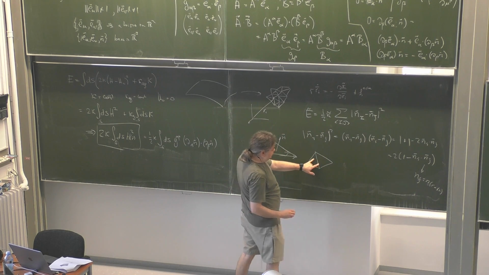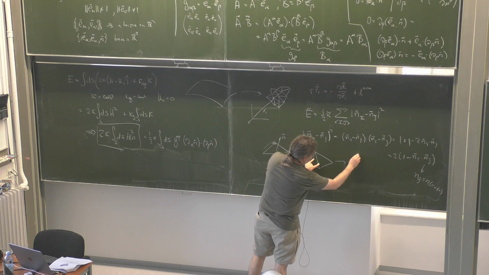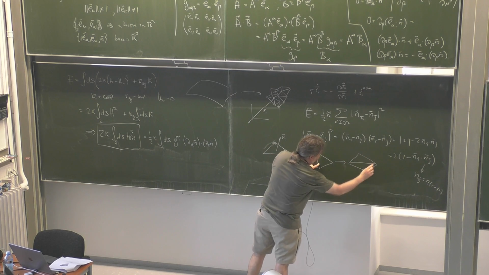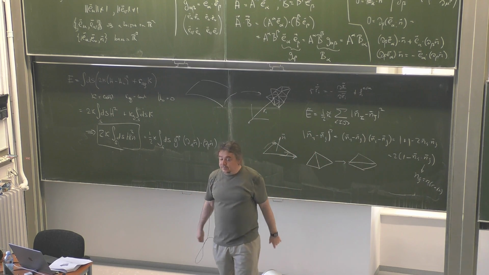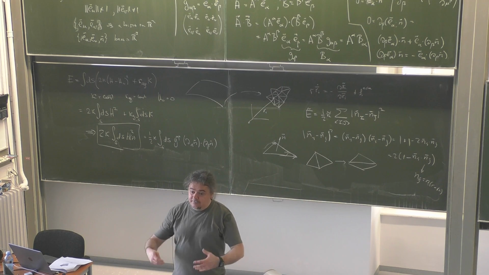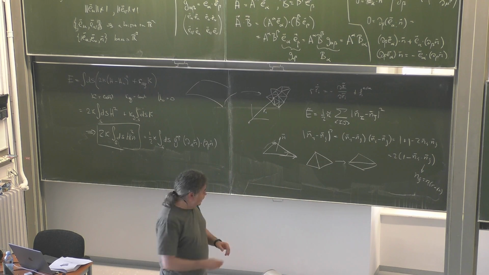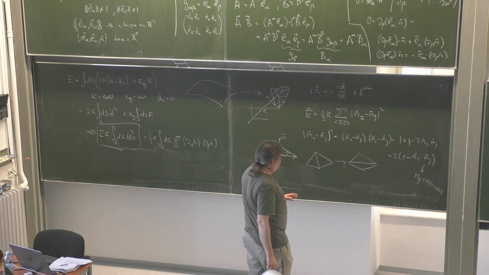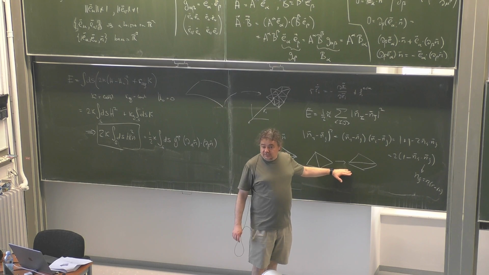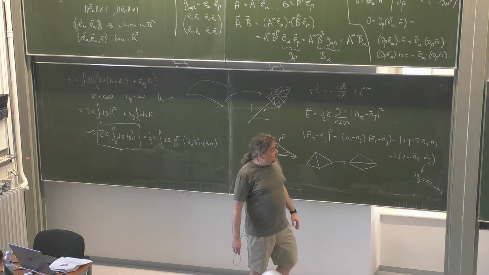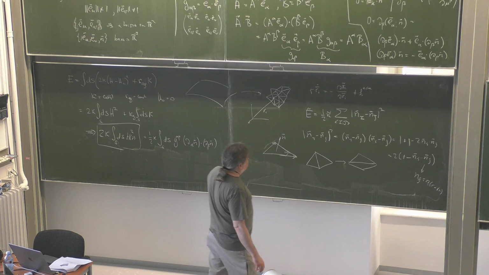So you have a configuration like this, which goes to a configuration like this. You flip the bond. I'm now making this as a statement. I'm really not proving that this introduces fluidity, but if you're interested, Gompper and Kroll were two guys who actually worked this out in gory detail and showed how this worked.